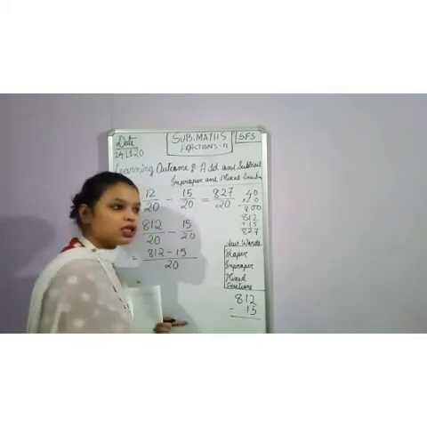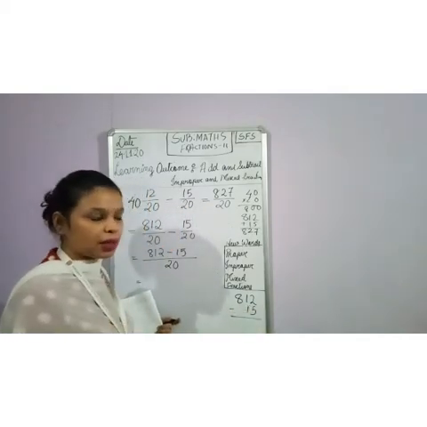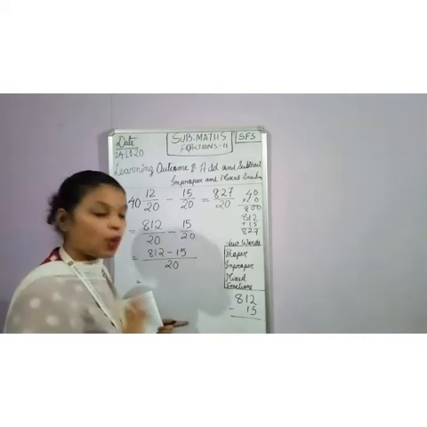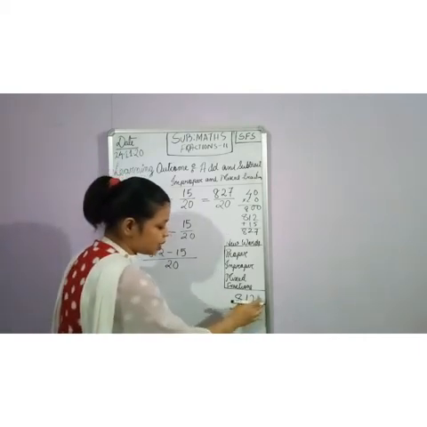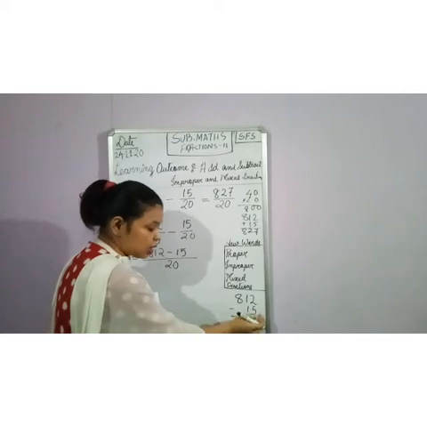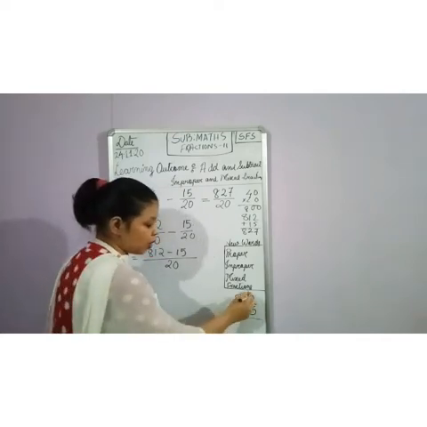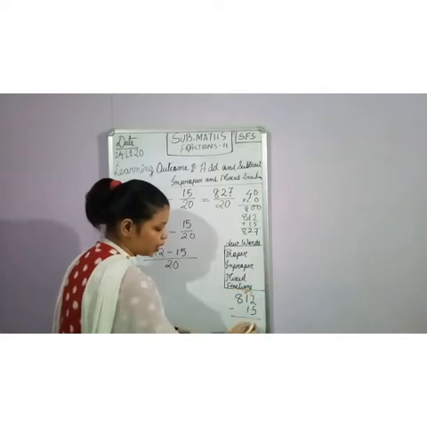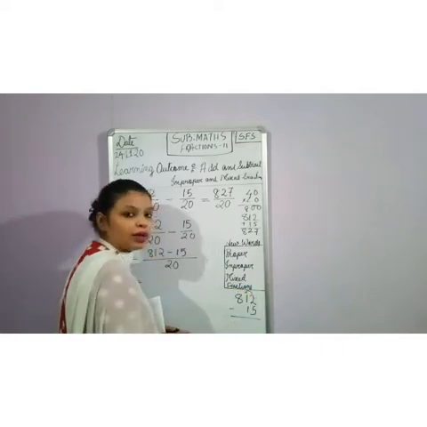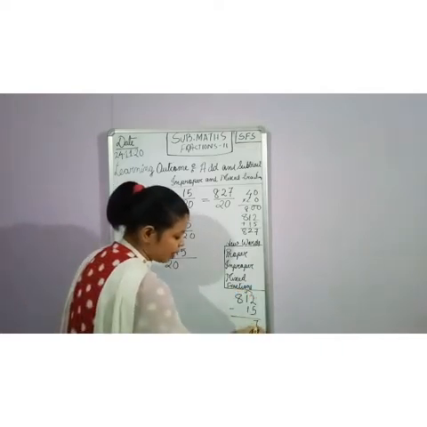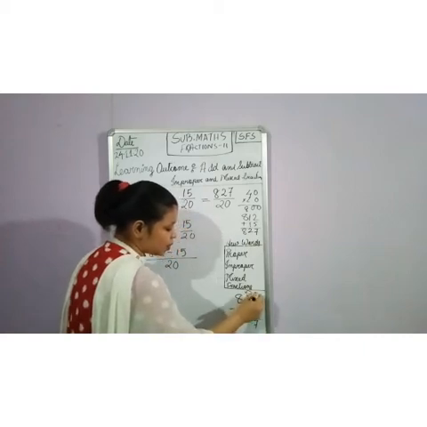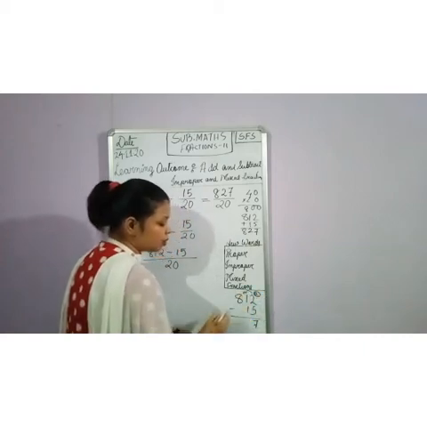Addition, subtraction and multiplication always start from the ones place. So here it is the ones place. Here I can see that 5, the lower number, is bigger than 2. So it will borrow from 1 here and it will become 12. 12 minus 5, 7. When it is borrowed, it has become 12 here, and this 1 has become 0.